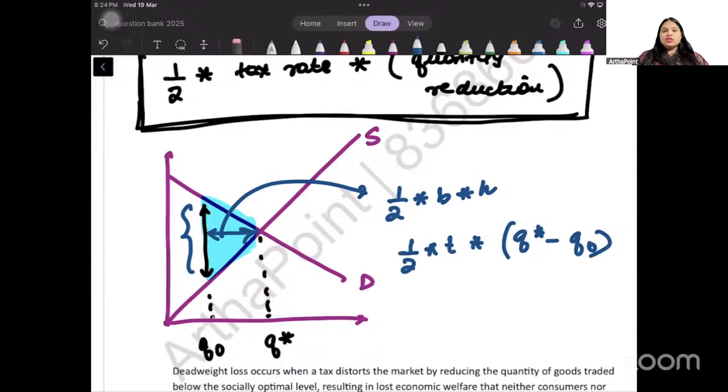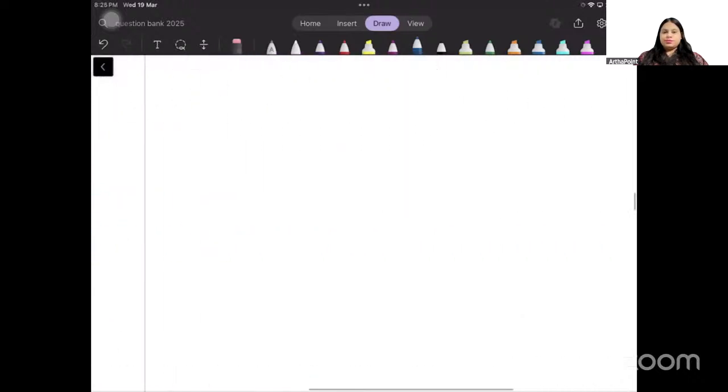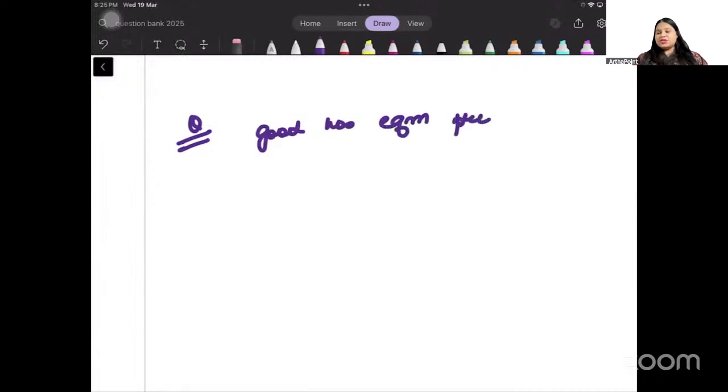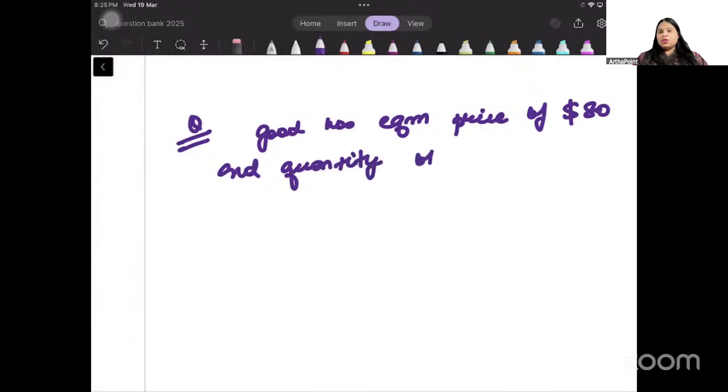ओके. ठीक है. तो इसी में what you can do is just write down a homework question on deadweight loss first. Just let me create one. So suppose I tell you that a good has equilibrium price of 80 and quantity of 300 after tax is imposed.